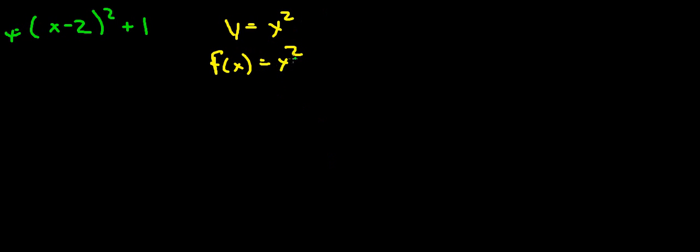But in this case, we have some constant being added to it, and we also have some constant being subtracted from the x. So if we go over here, we have 2 things happening. We're having a vertical shift of up 1 from this, and we're shifting to the right 2 units.